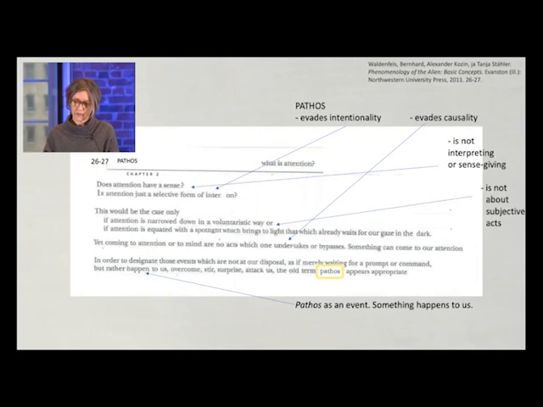But here, as an evaluation, Waldenfels relates the term attention to the concept of pathos. And now the notion of attention starts to get attributes which no longer fit that previous kind of definition of focus.